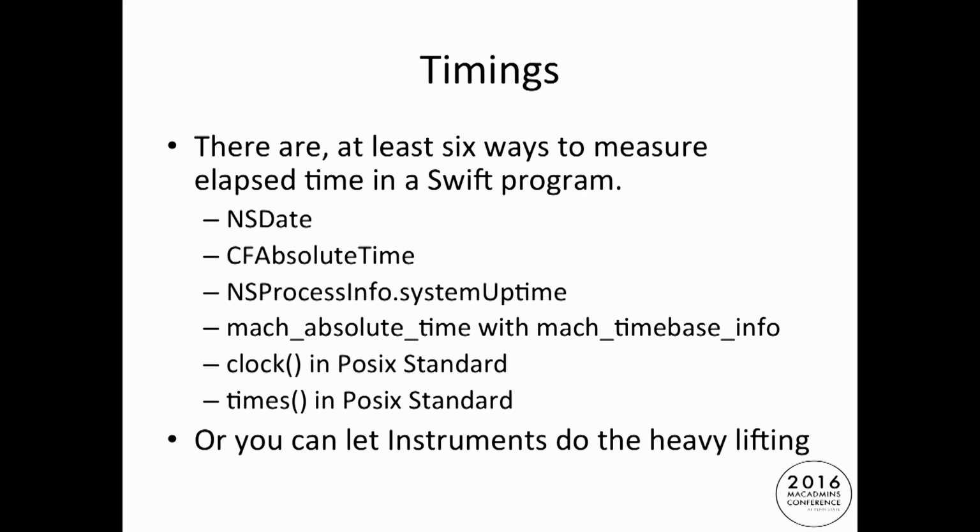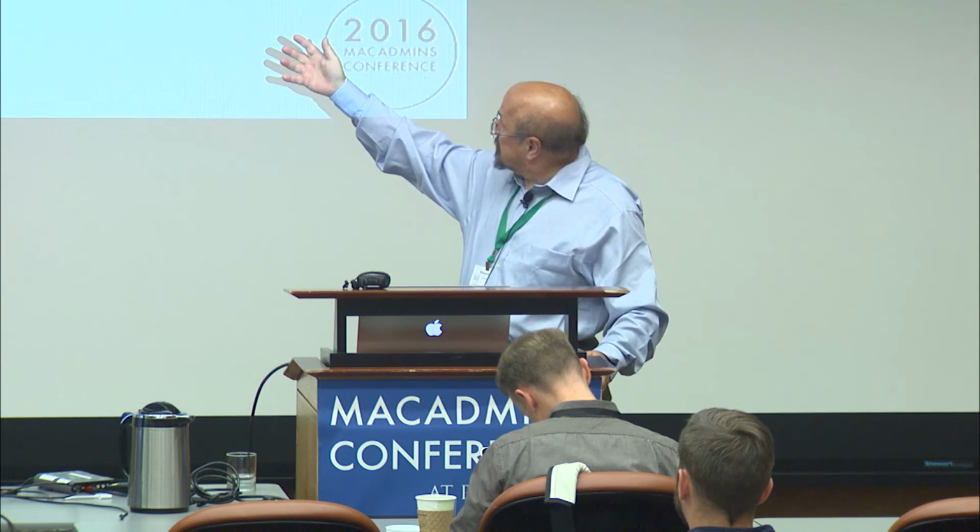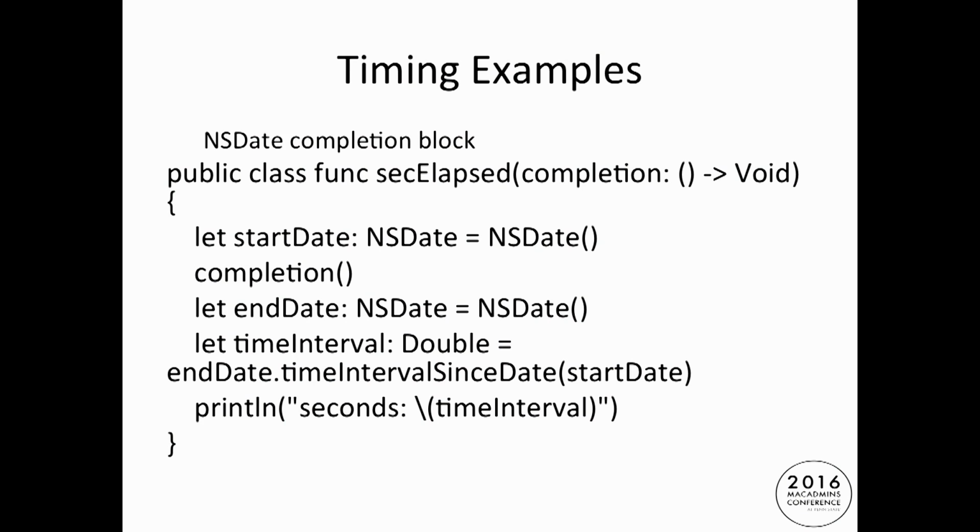So you could all use this in your Swift code. Or, as we heard from this gentleman in the front row, you could use Instruments to do the heavy lifting. Again, this is a simple program in Swift. It shows you how to set the date and print the seconds.